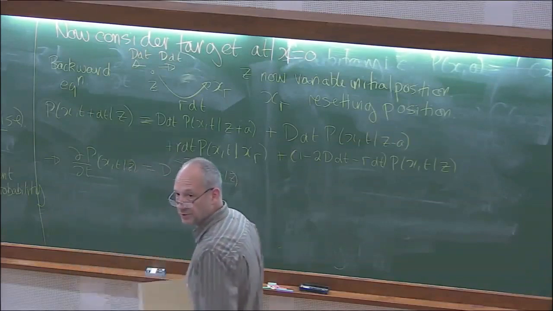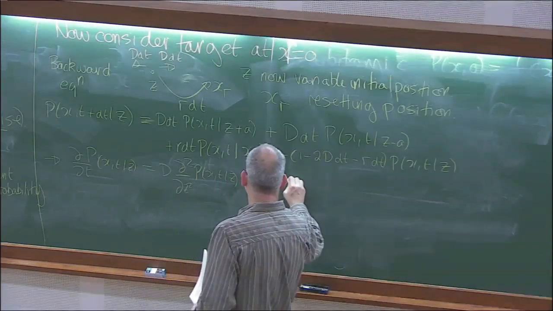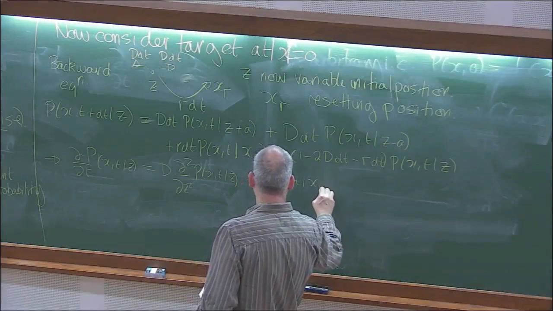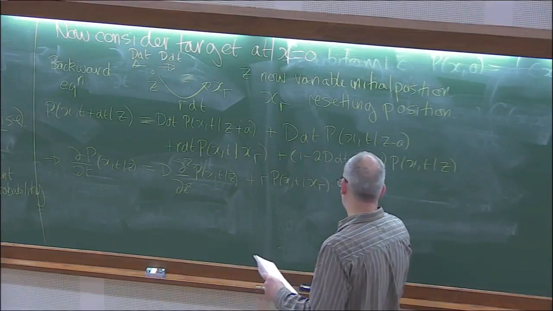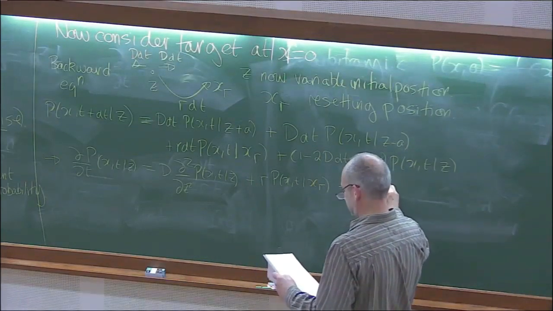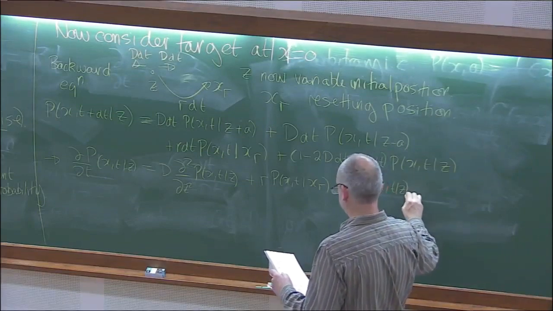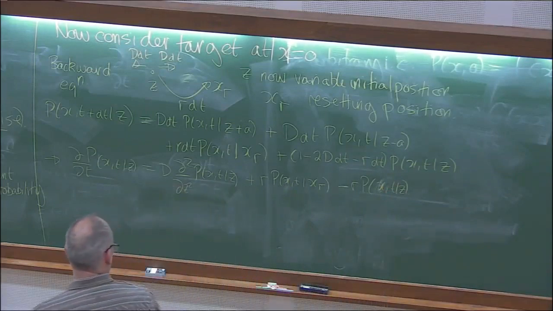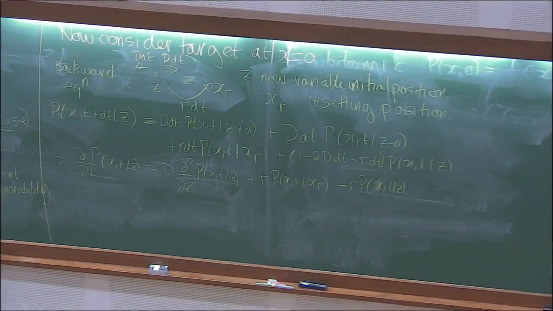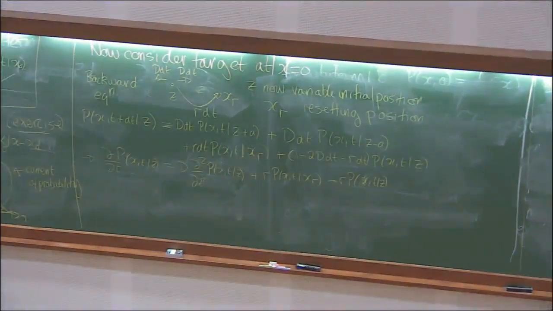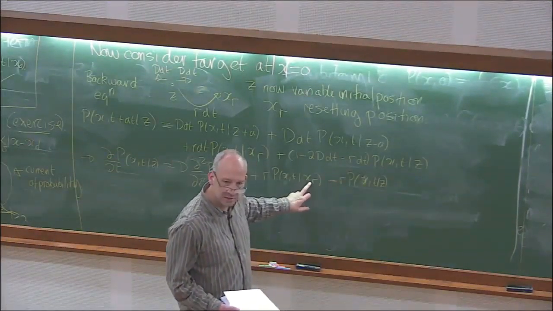Then I've got a plus r P(x,t | xr) here, and a minus r P(x,t | z). So it looks a little bit different from the forward equation, where this term had a delta function. It looks a bit different now. We reset to this initial position here. So it's just as well that we took our time to derive it.